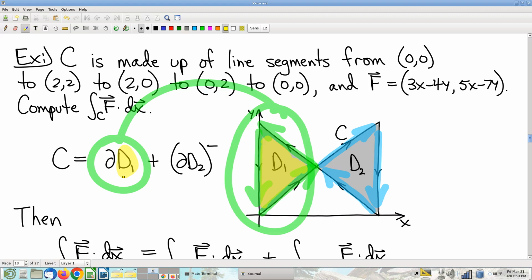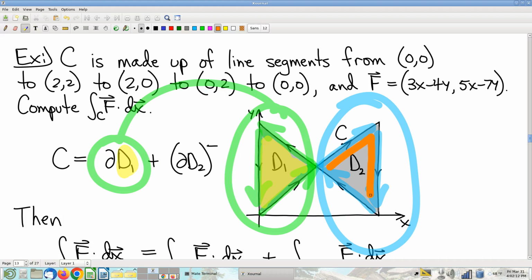Everybody with me so far? Okay, now, what about this blue part of the curve? Is that a boundary? Well, not really. The temptation is to say it's kind of the boundary of this orange triangle, but not really. Boundary is a loaded word. Boundary means oriented according to certain rules, and that blue curve does not pass the rule.